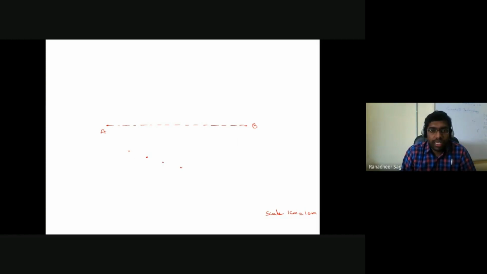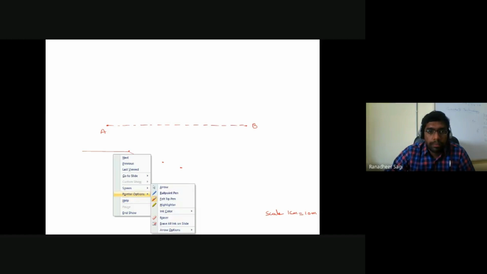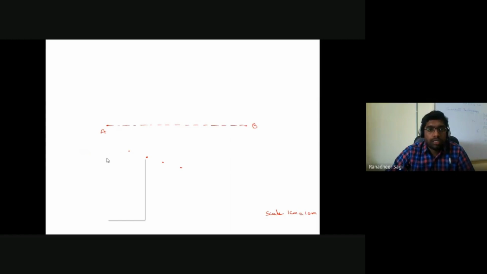So once those electrical poles are marked, let me erase this unnecessary line which I have got here. So what we can do is join those points by means of a proper dotted line, because I cannot use whatever symbols I feel like.